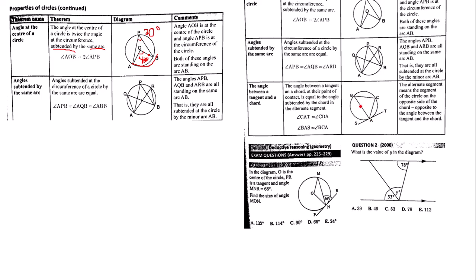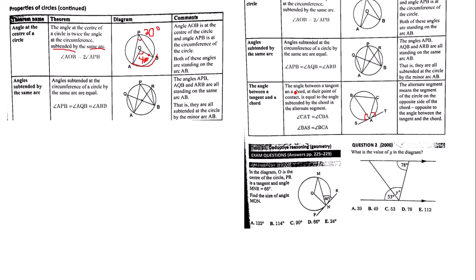They are all chords because they connect 2 points on the circumference of this circle. SAT is a tangent. They form angles. The angle between a tangent and a chord could be this angle, angle CAT, or this angle, angle SAB. How are they related?